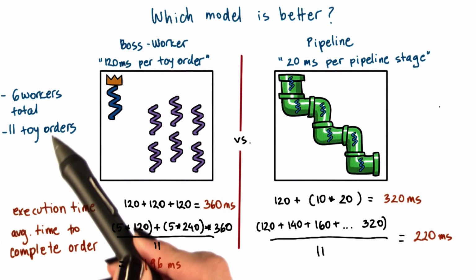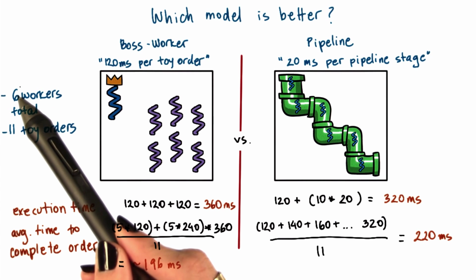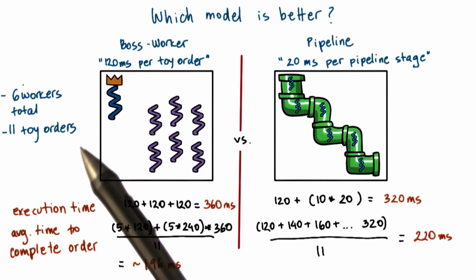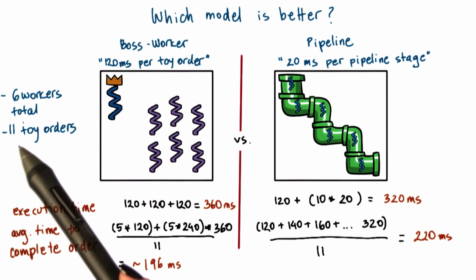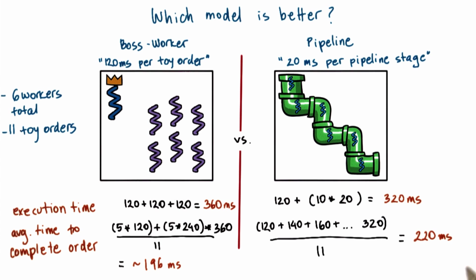If you slightly modify this problem, where you look at a situation with a different number of workers or a different number of orders, then you may end up with completely different answers and draw different conclusions as to which one of these models is better.